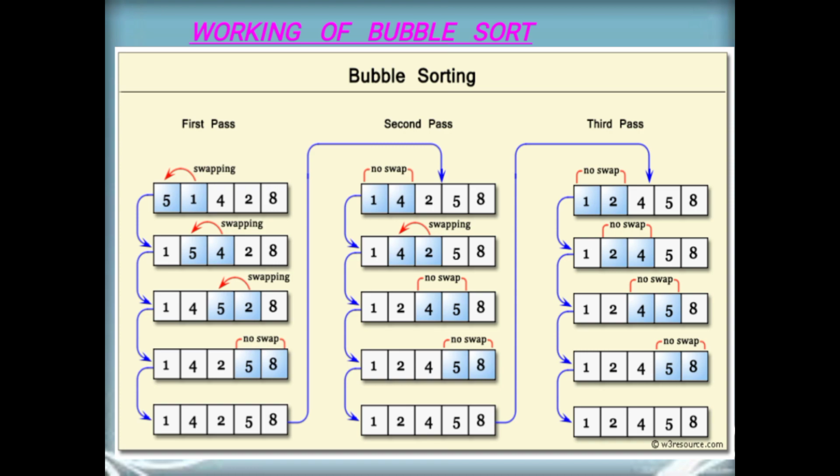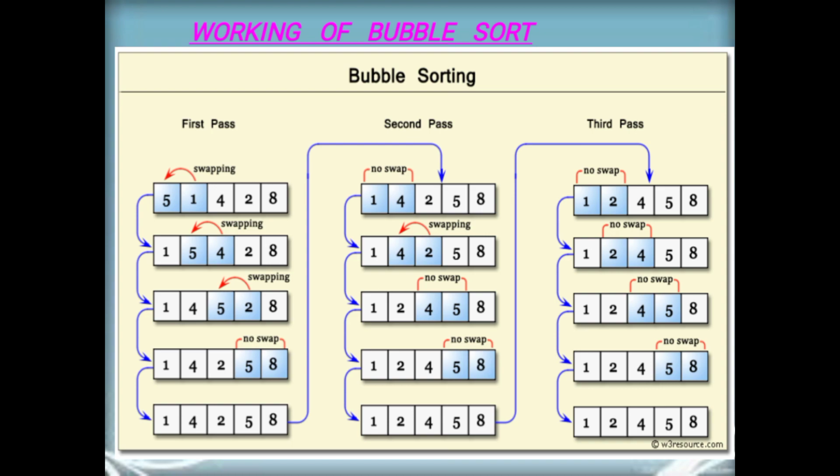Now, let's compare the first two elements, 5 and 1. 1 is lesser than 5, or 5 is greater than 1. So we need to exchange these two elements, because we are going to sort the array in ascending order.